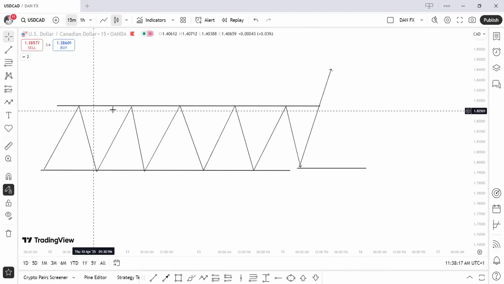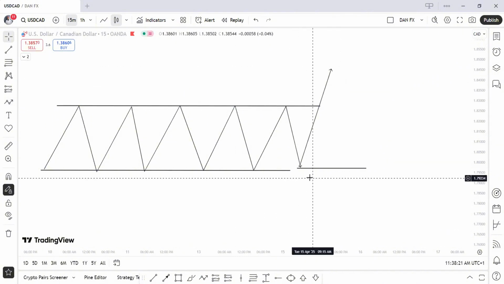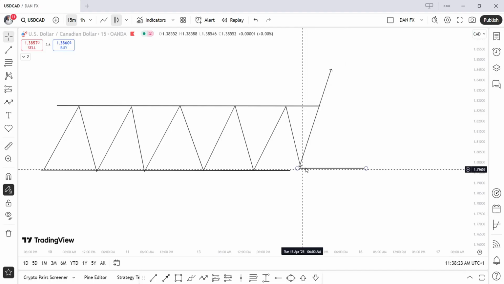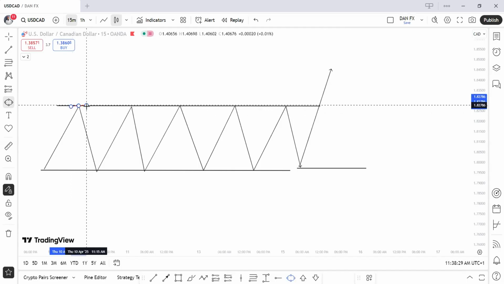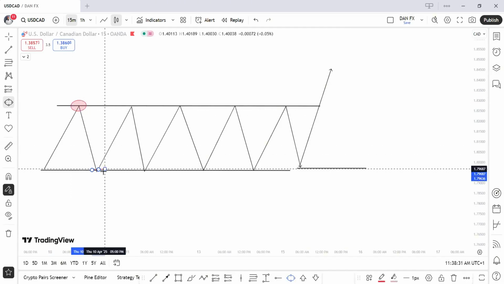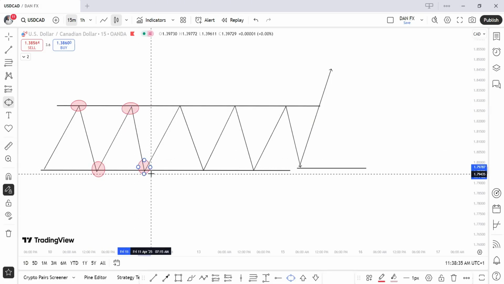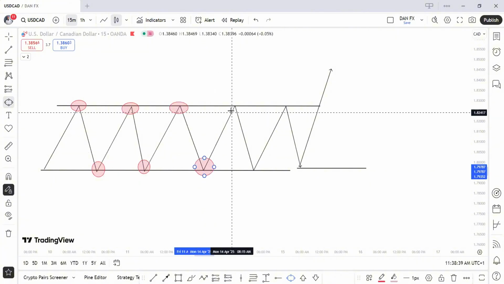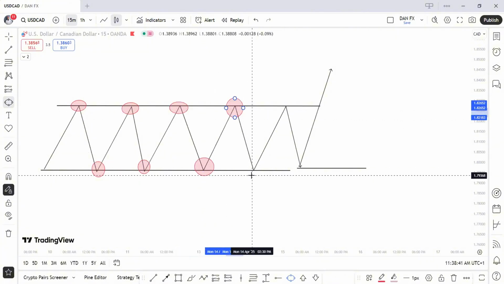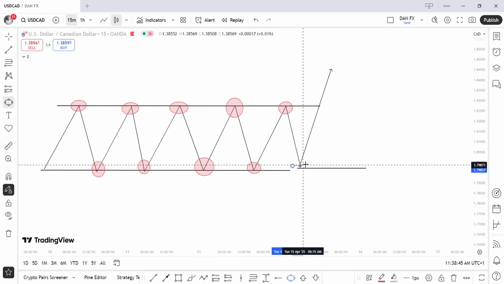So right now, sorry, price has broken this upper structure here. So that means price is changing to an uptrend. If price comes and breaks this down area, then that's going to change to a downtrend. So let's go over this. So we have a high, equal highs and lows. We have high here, low here, equal high here, equal low here, equal high here, equal low here, equal high here, equal low here, and equal high and equal low.